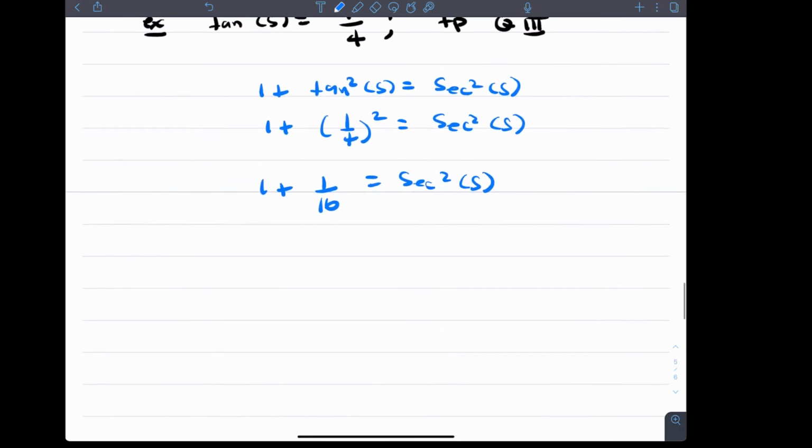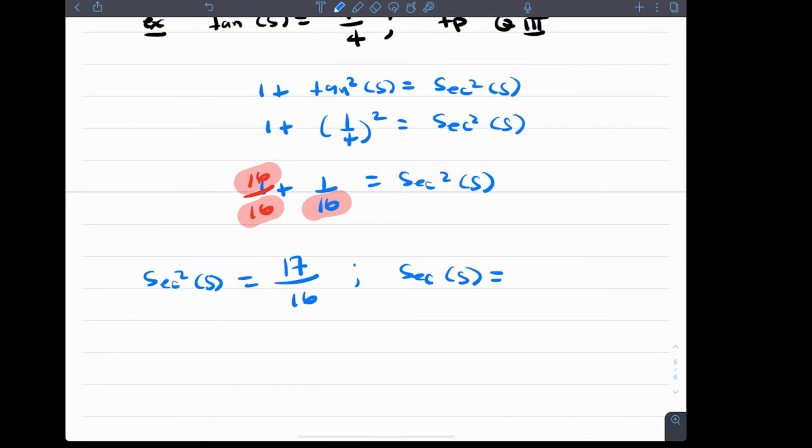Okay. And then you got 1 again. I have to add. I have to have the same denominator. The same trick applies. See that there? What do you get? 17/16. And that's secant squared. Okay. Square root formula, plus or minus, square root of 17/16. Is that true?